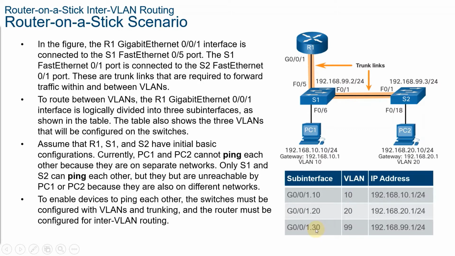As I was saying, to route between VLANs, this R1 gigabit Ethernet 0/0/1 interface is logically divided into 3 sub-interfaces. So you're going to have a virtual sub-interface for VLAN 10, for VLAN 20, and for VLAN 99 in this example.